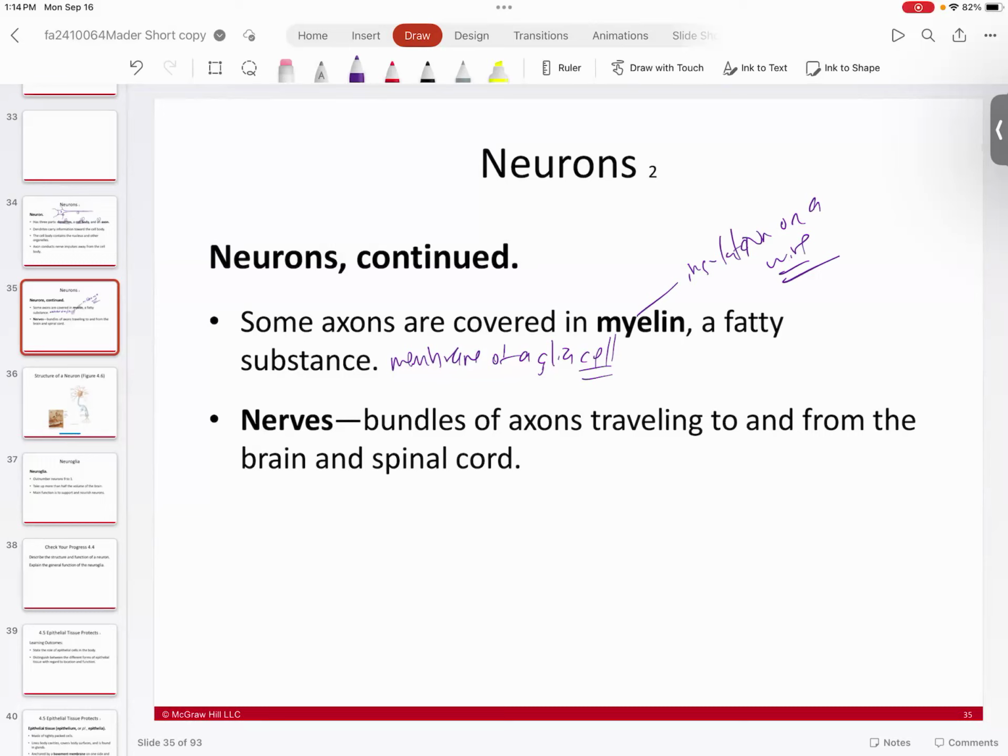If you didn't have that, you'd have all this random scatter of electricity kind of buzzing all around the wire, and you wouldn't really be able to get good focused, directional movement forward. And then typically when we take a look at nerves themselves, nerves are essentially bundles of axons that are usually moving in the same direction.